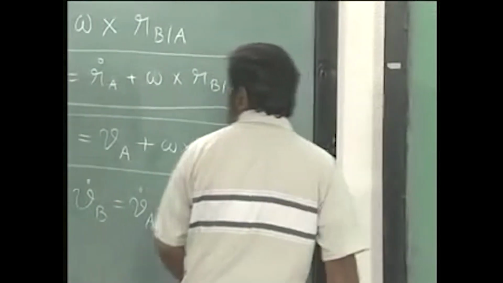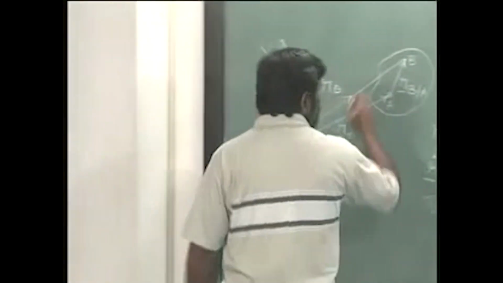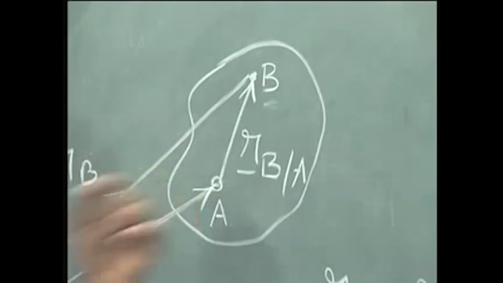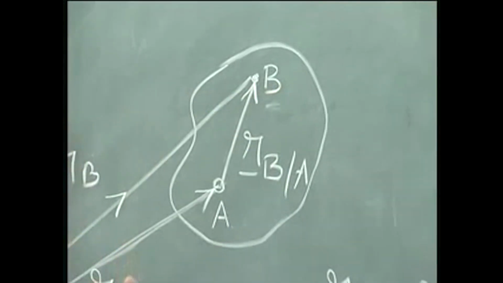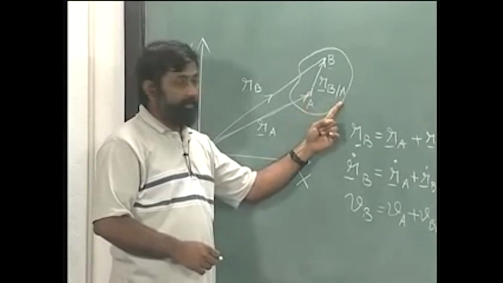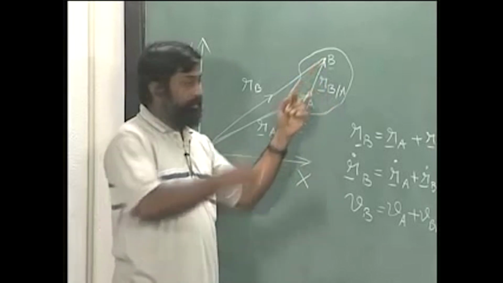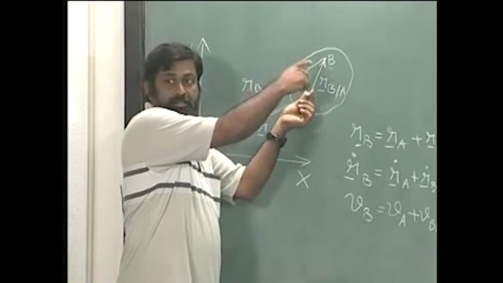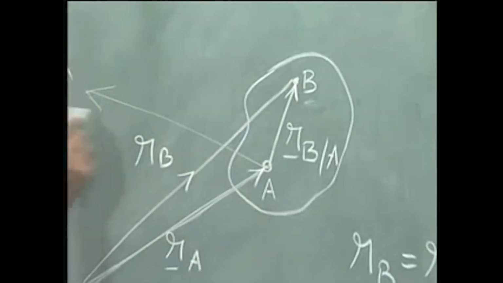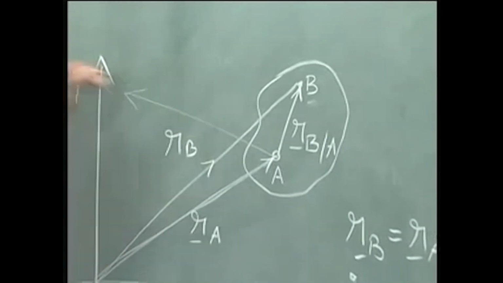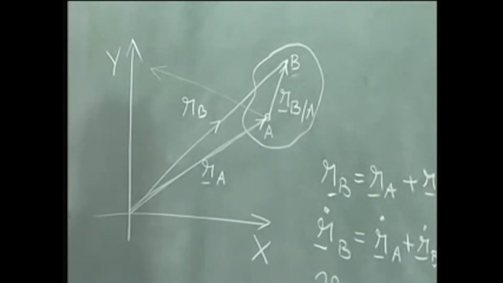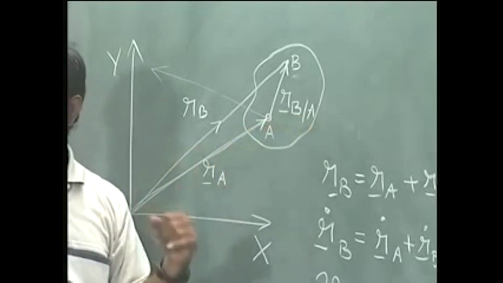Okay. Let us just go back to this. When I say omega cross R B with respect to A, omega is perpendicular, R B with respect to A is like this, perpendicular, and this, which means if I draw a line, an axis that is perpendicular to this, is the direction in which omega cross R B with respect to A should occur.